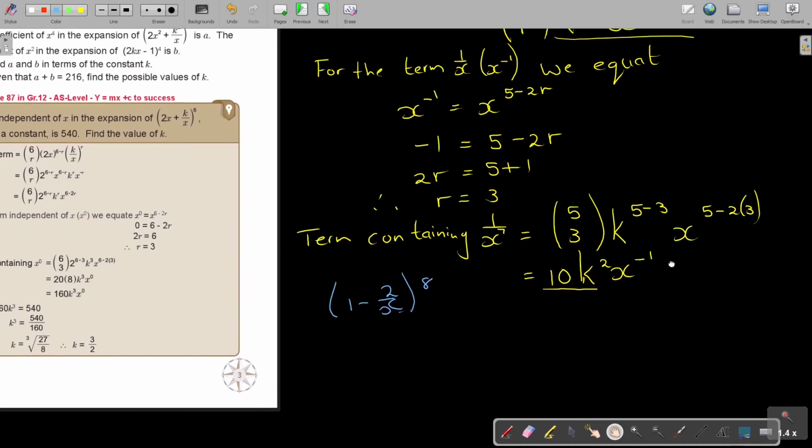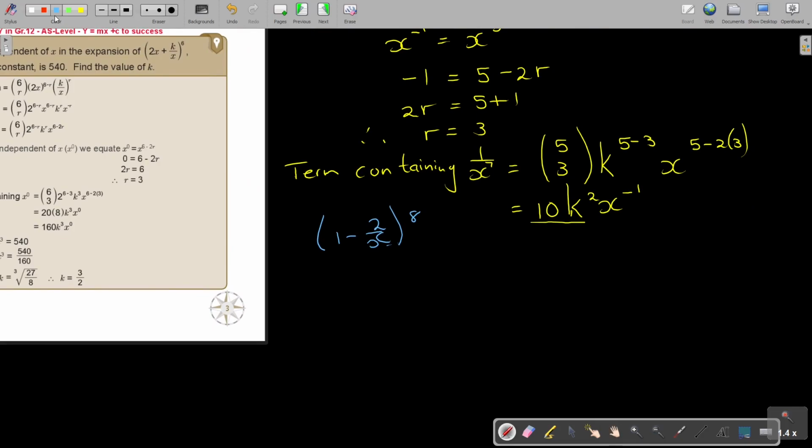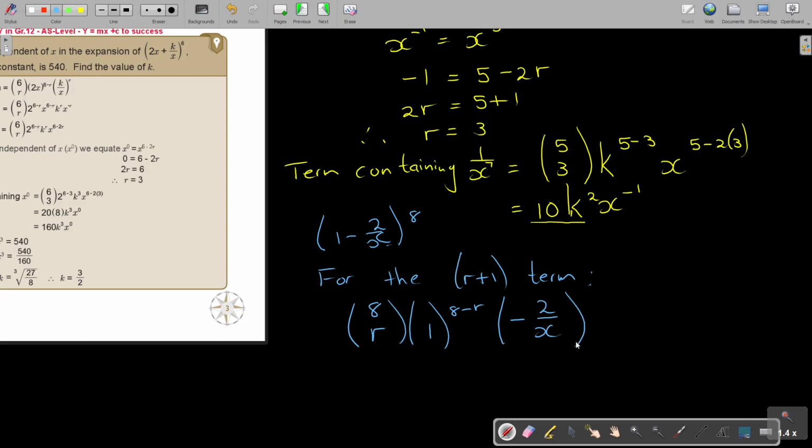Okay, now I start the whole process over. So I'm going to say, for the r plus 1 term, I'm going to say it's going to be 8 choose r. Then the first term, now I can use the special case, but for now I'm just going to go in my rhythm. So grab that sign. Don't forget to grab that sign, r.